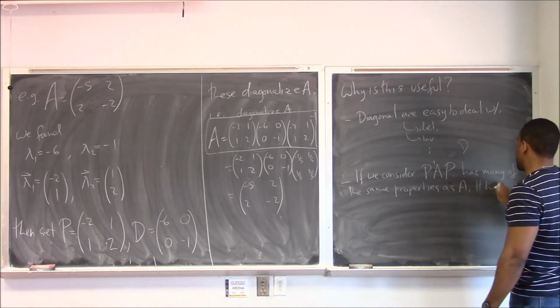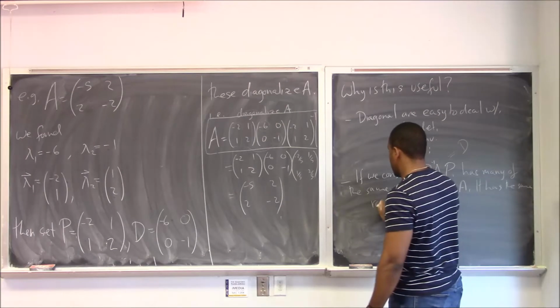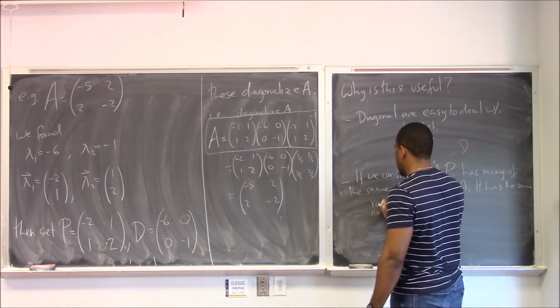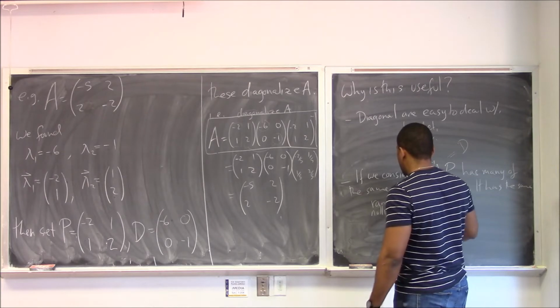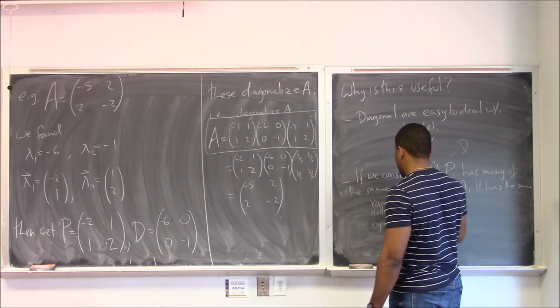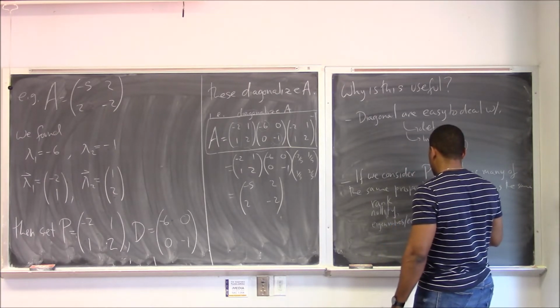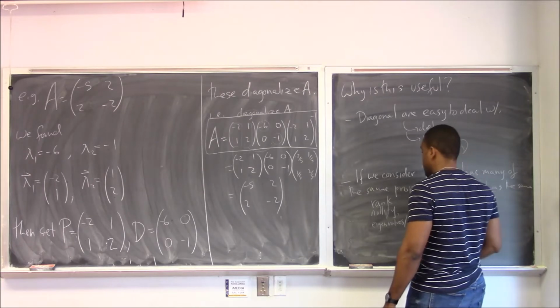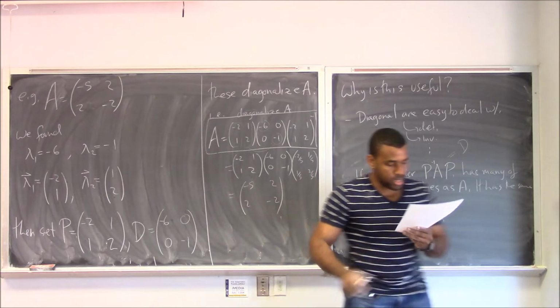It has the same rank. It will have the same nullity. It has the same eigenvalues and eigenvectors. It has the same eigenspace. A whole bunch of things that we really care about with matrices will be shared by this diagonal matrix.